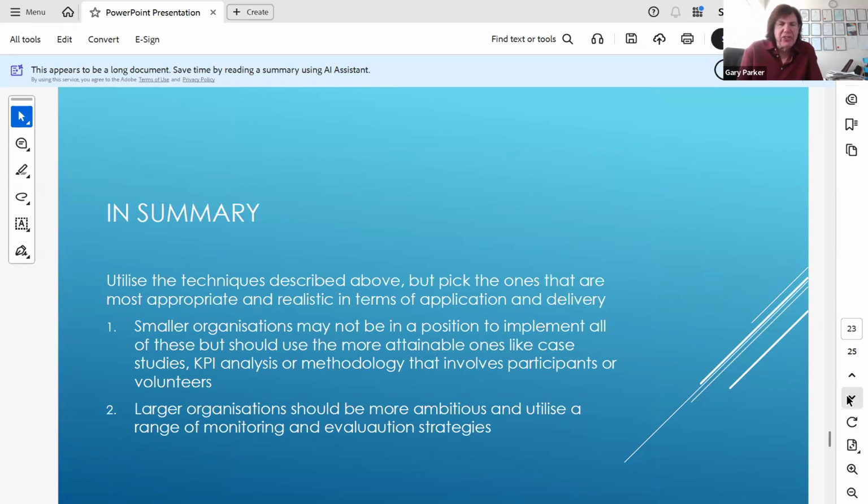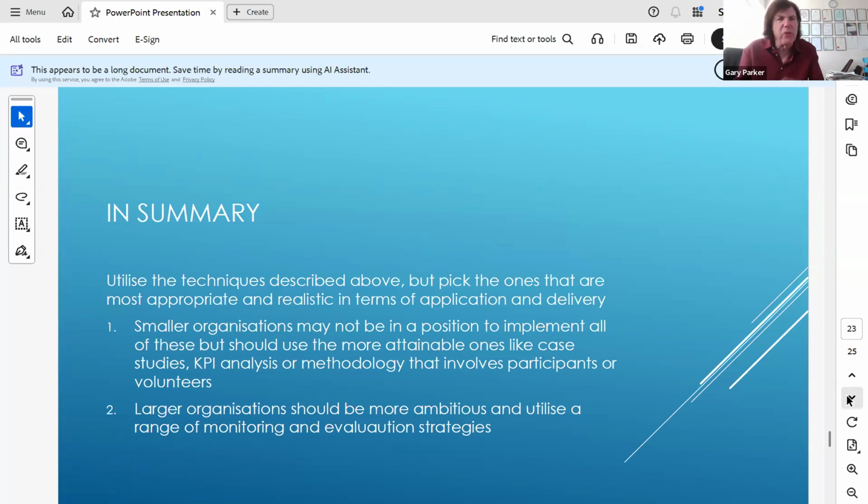Another factor, which was on that last slide, is that you need to make it culturally sensitive as well. Some of these methods might be more culturally sensitive than others because we live in diverse communities. So you need to think about that.